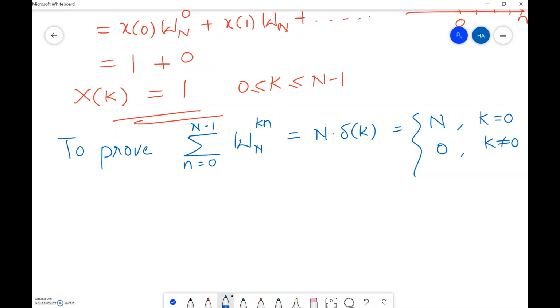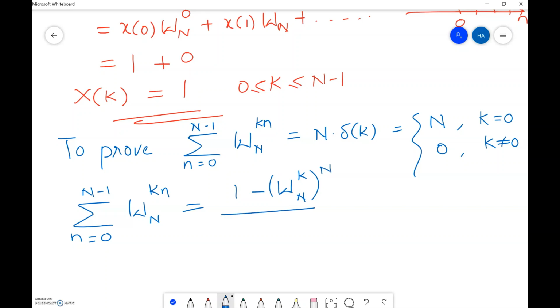So let us consider the left hand side, that is summation n from 0 to N minus 1 of W_N to the power kn. We'll apply the summation formula which we have known already. What is that? 1 minus W_N to the power k, whole to the power capital N, divided by 1 minus W_N to the power k.